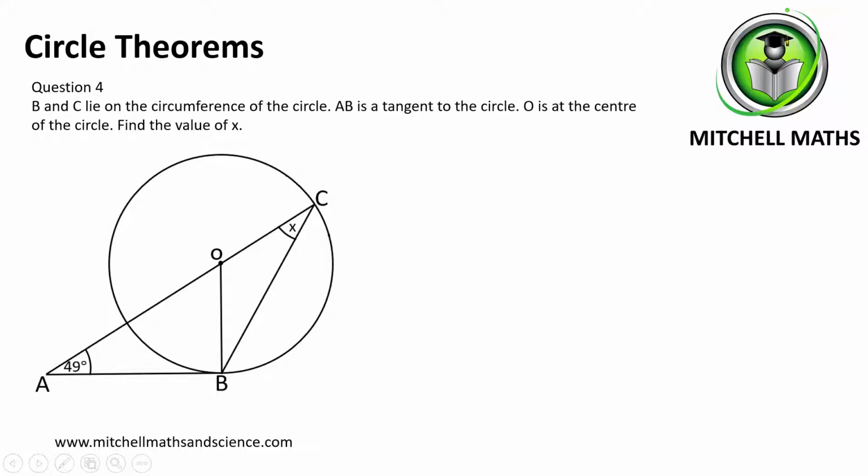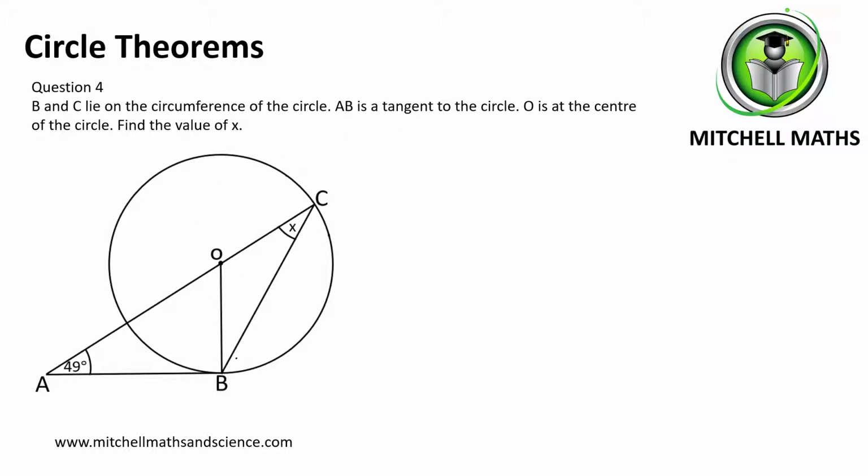Right, so this one's a little bit different. Now in the question it's told us that AB is a tangent. And we've got a triangle. We've got A or B. But at the moment we've only got one angle, which is 49 degrees. However, from our radius tangent rule, because you can see that the OB comes from the centre. It's told us that O is at the centre of the circle.